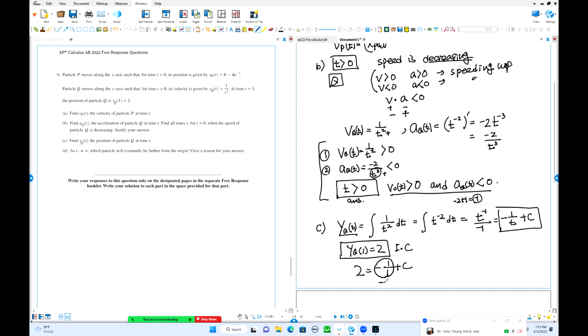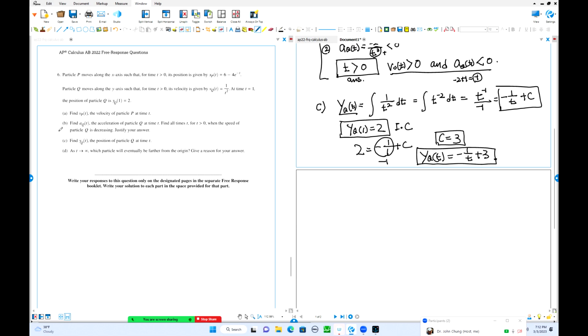This is negative 1, add 1 to both sides, c equals 3. The position of particle Q equals negative 1 over t plus 3. That is the answer, choice C. Is it okay? Yeah. All right.